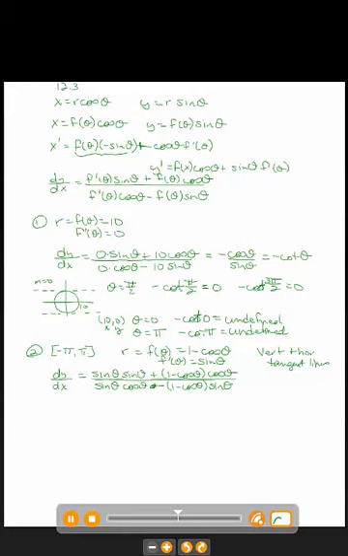Okay, so let's clean this mess up a little bit. This is going to be sine squared theta plus a cosine of theta minus a cosine squared of theta.